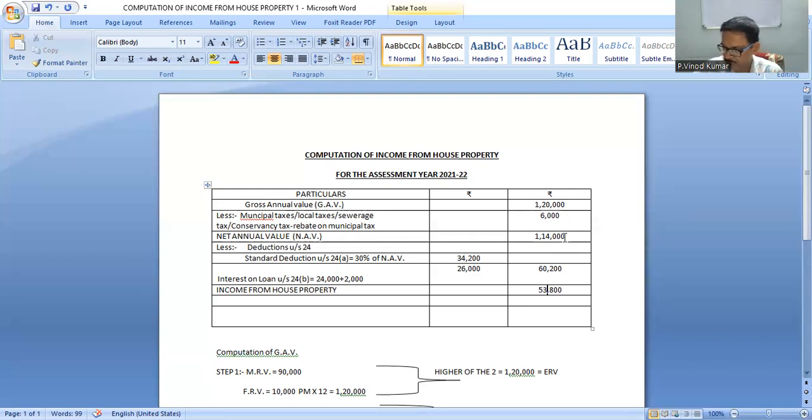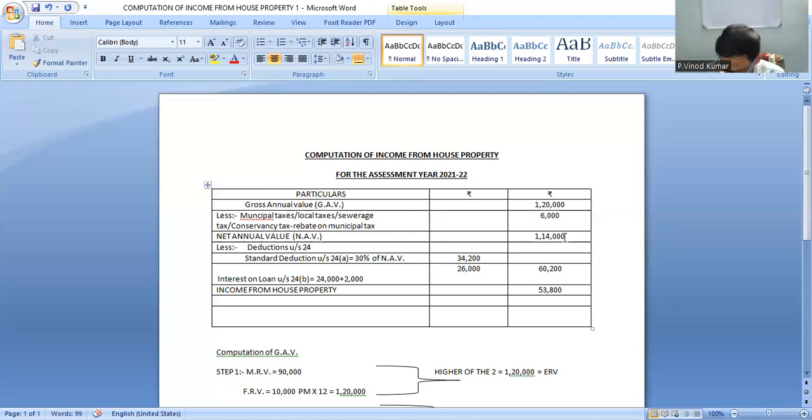I'll check it with the calculator. 1,14,000 into 30%, 34,200. And interest on housing loan actual paid is 24,000, due is 2,000, add these two, 26,000. Total deductions under section 24 are 60,200, and you reduce it from 1,14,000, you will get income from house property, right?